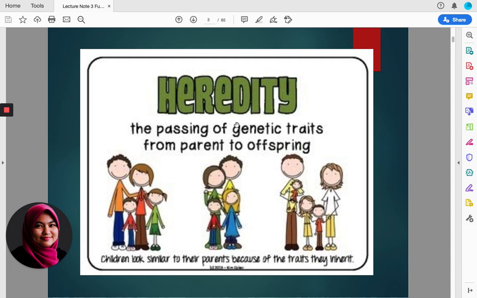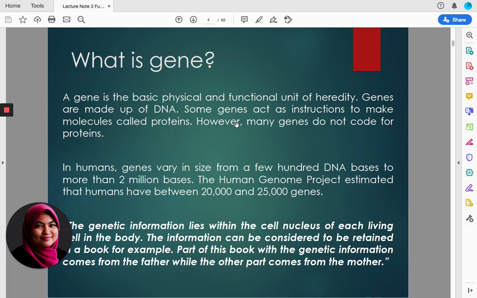Some of the children might look similar to the parents because of the traits that they inherit from the parents themselves.